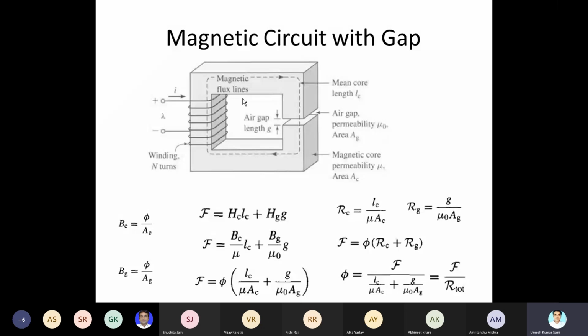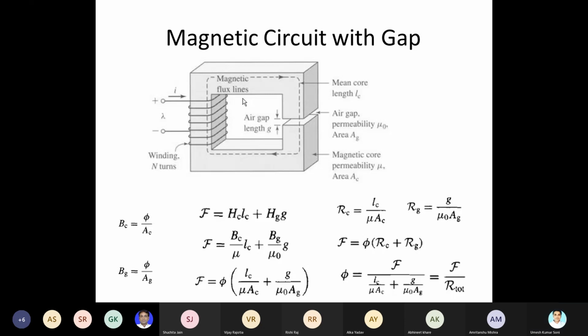यहाँ भी वही नियम लग रहा है कि Ni, total Ni that is given by the source, Ni equal to HC LC plus HG LG. तो एयर गैप लेंथ सपोज LG है, या यहाँ पे g भी रिप्रेजेंट कर दिया है, तो ये हो जाएगा। Now you can replace HC.